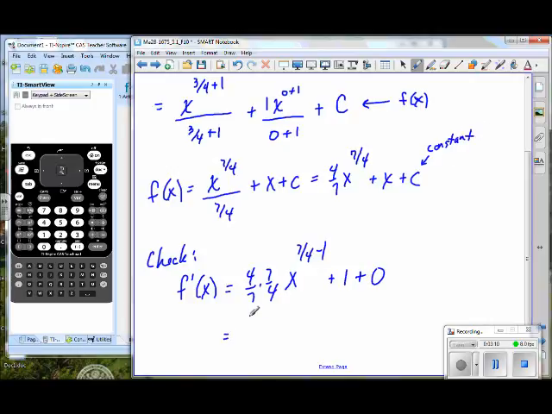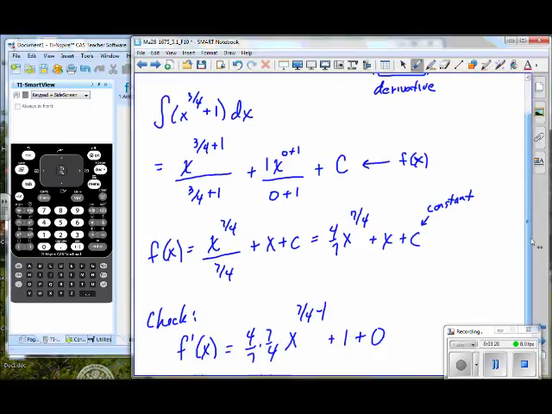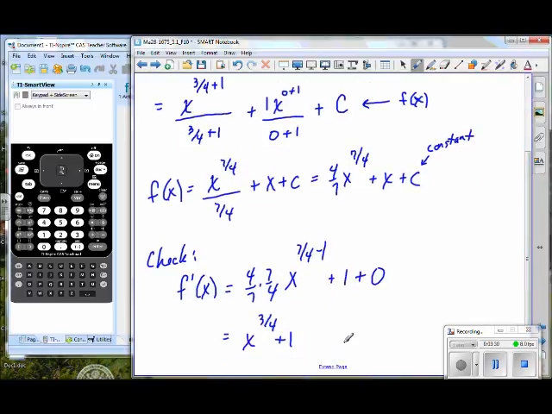So our derivative would be, the 4's cancel, the 7's cancel, x to the 7/4 minus 4/4, or x to the 3/4 plus 1. Let's compare that to what we started with up here. And again, if we write the radical as a fraction, we have the very same value there.